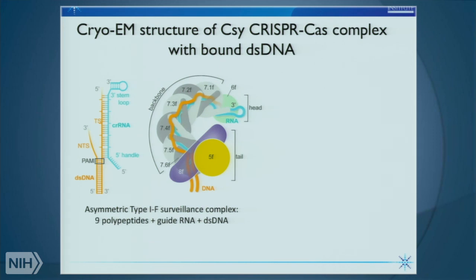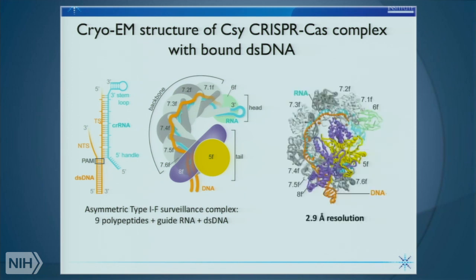And I have to say, this is among the most challenging problems that we had worked on, because this is an asymmetric complex with 9 polypeptides, a guide RNA, and a double-stranded DNA molecule. And in work that she and Alberto and Alan did together, we were able to get to 3-angstrom resolution, where we could visualize the entire complex.